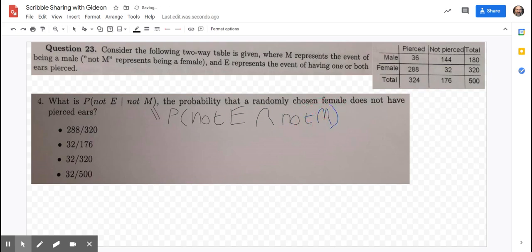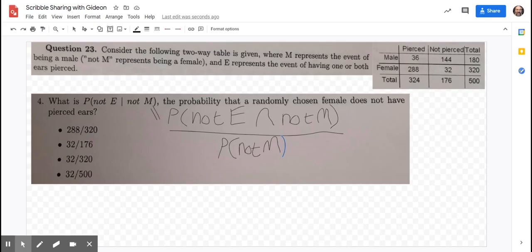Intersection is easy. That means you've got both properties. And the condition should be either a row or a column. Not M, right? So here we go. I'm interested in the intersection.